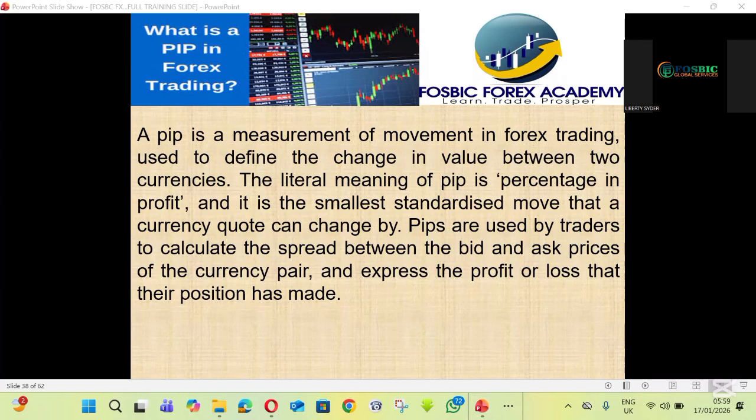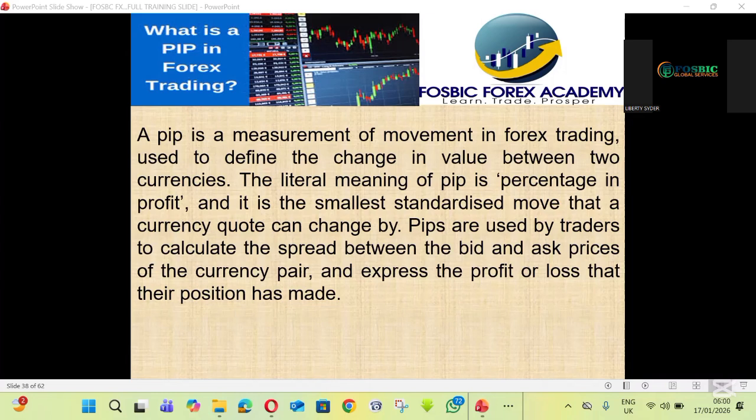The literal meaning of pip is percentage in profit, and it is the smallest standardized move that a currency quote can change by. Pips are used by traders to calculate the spread between the bid and the ask prices of the currency pair and express the profit or loss that their position has made.